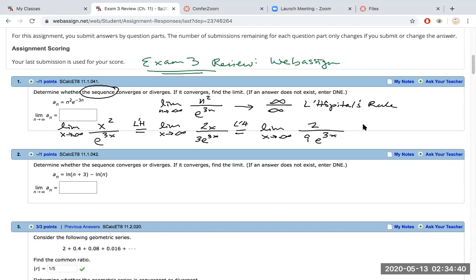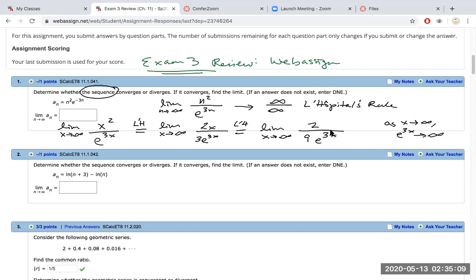So from here, the bottom, as x goes to infinity, e to the 3x moves toward infinity.